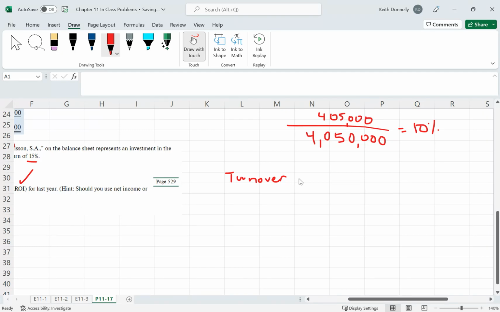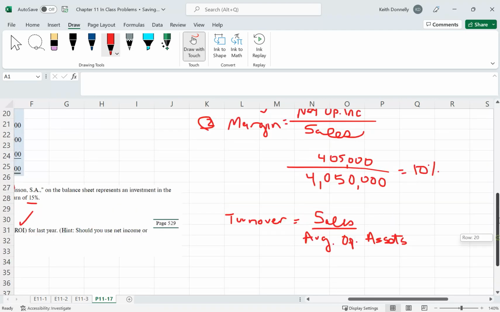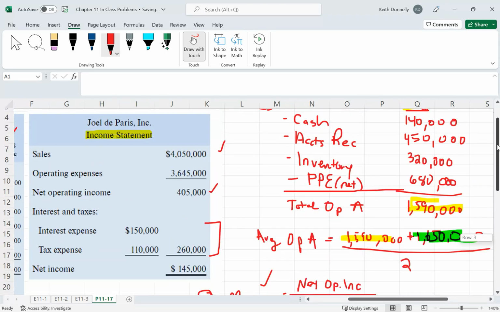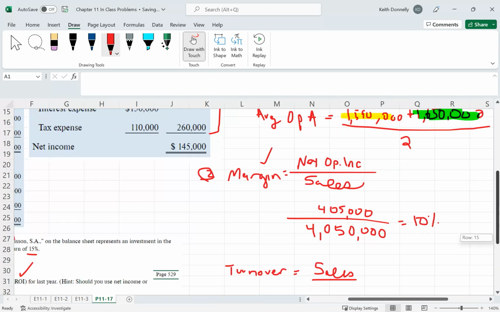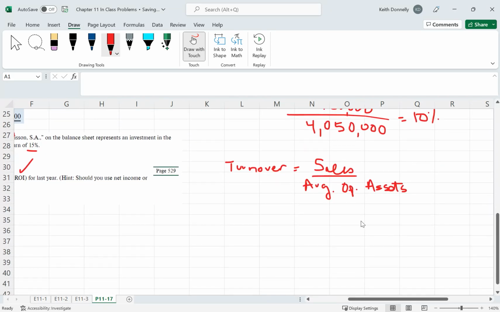So that's going to be your sales over your average operating assets. Okay, so our sales we can grab from up there. It's that 4 million number. We just saw that. So that's going to be 4,050,000.